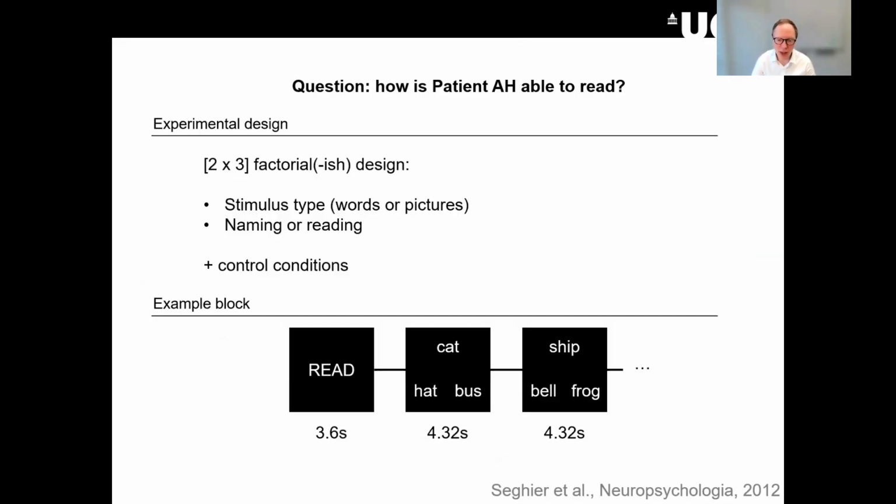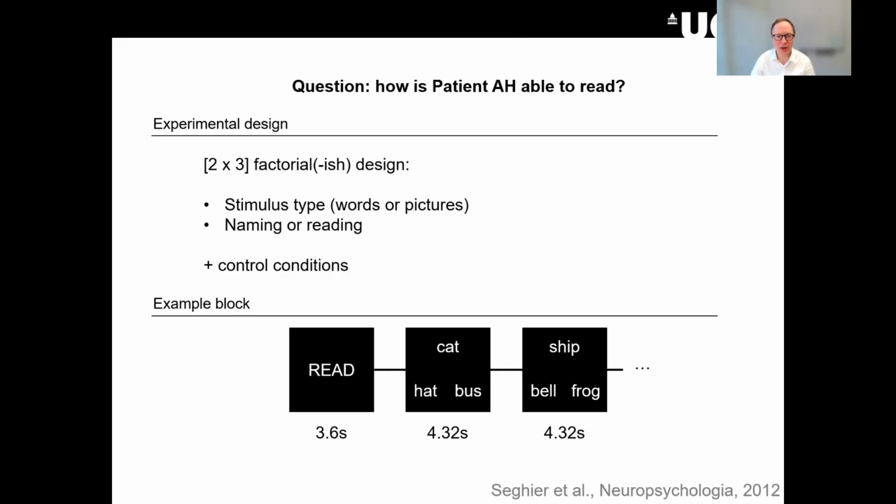So Mohammed Seghier, Kathy Price, and others collected data. They had a 2x3 factorial design where they manipulated two things. One was the stimulus displayed to the volunteer lying in the scanner. The stimuli were either words or pictures.